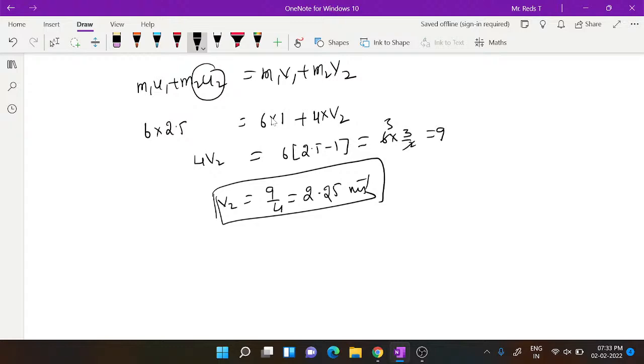Because it is a square, even if you take the minus out, nothing will happen. If these two options are there, then you have to be careful, but here taking the minus out does not affect the result. Because it is also an elastic collision, the formula can be used.